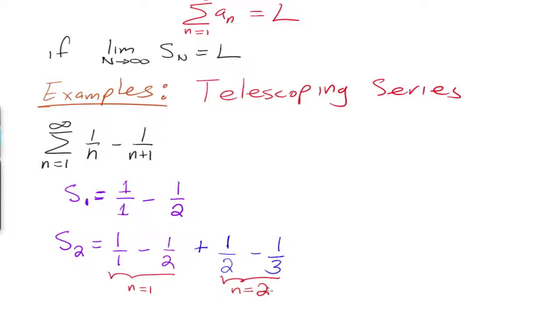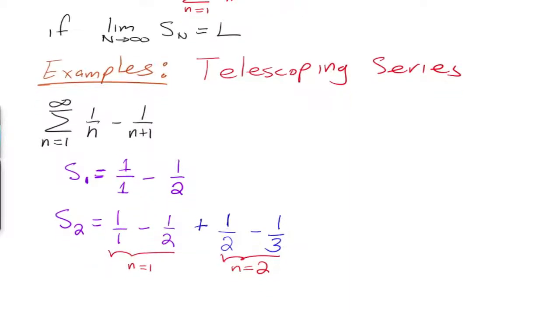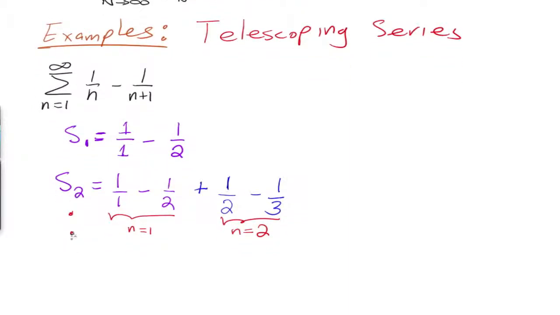Does that make sense? Okay, so if I continue in this way, I go all the way up to the nth partial sum. So this is 1 over 1 minus 1 half, plus 1 half minus 1/3, plus, and then I'm going to keep going for a while.